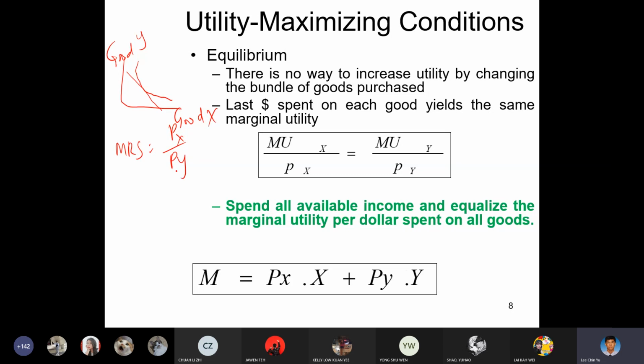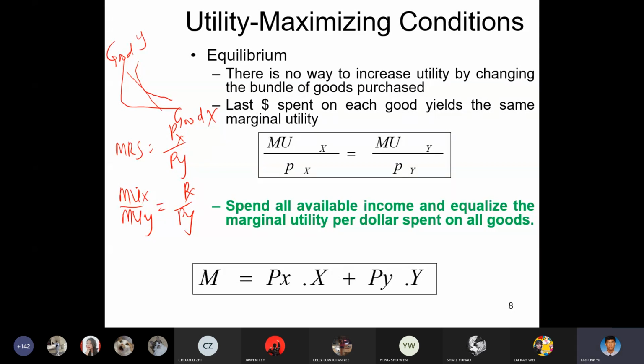How can we achieve it? At the beginning, we can arrange this MRS into the following form: MUX over the price of X equals MUY over the price of Y. You must remember that along the indifference curve, the MRS we can transform into MUX over MUY. This also measures the slope of the MRS, the same meaning.